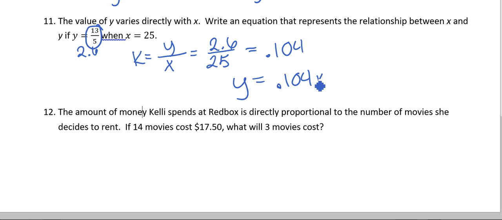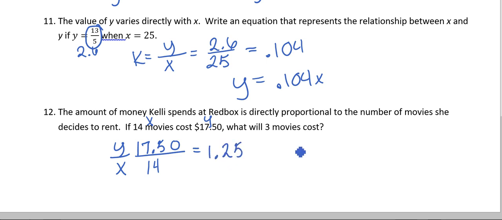And number 12, the amount of money Kelly spends at Redbox is directly proportional to the number of movies she decides to rent. If 14 movies cost $17.50, what will 3 movies cost? First I want to find out how much one movie costs. So I'm going to take $17.50 and divide by 14. Essentially I'm doing y over x again, my y value being my cost, my x value being my movies. $17.50 divided by 14 gives me $1.25.